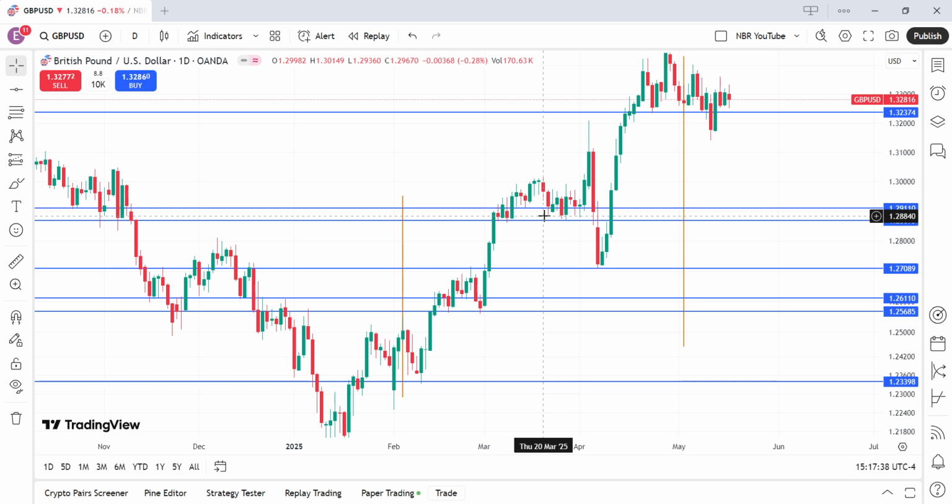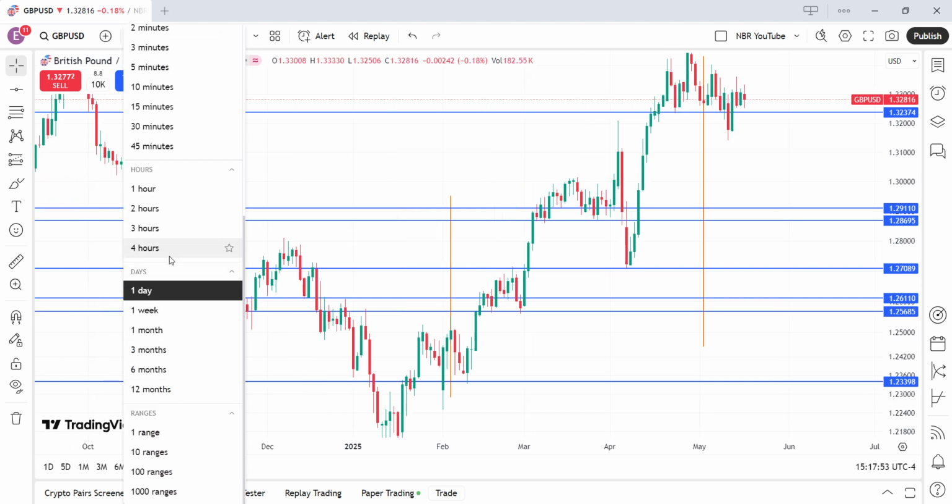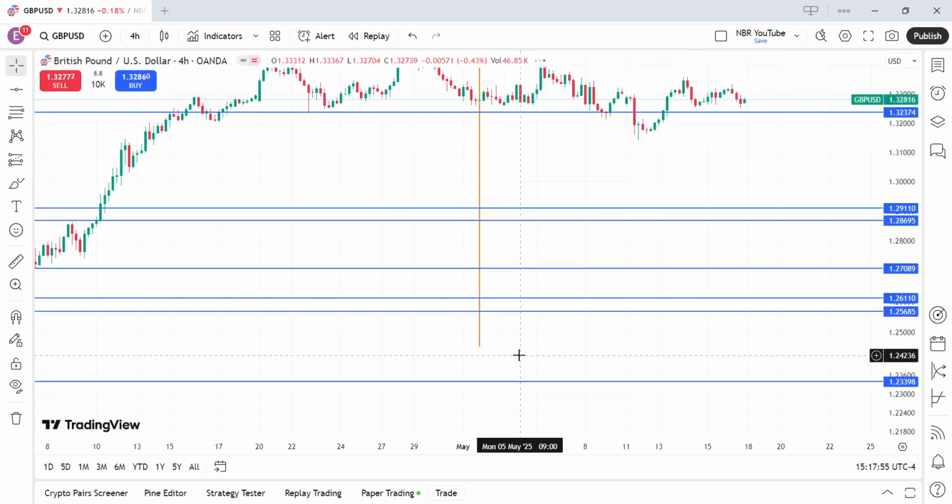And your best way to understand is just draw the psychological levels. Don't draw the fib now. Just draw the psychological level and go into the 4 hours and see what is happening on them.